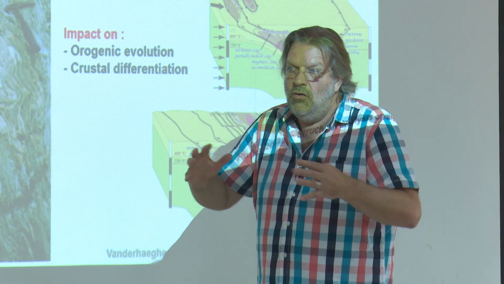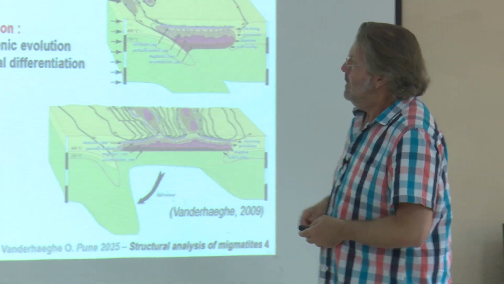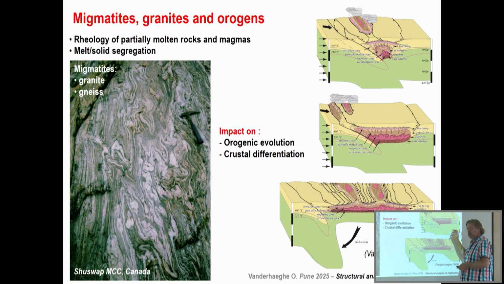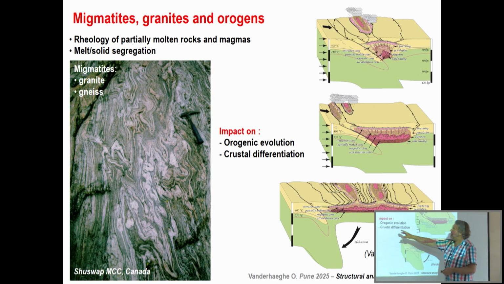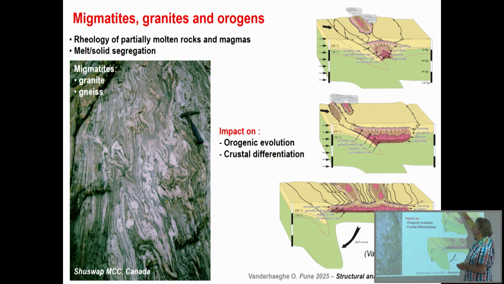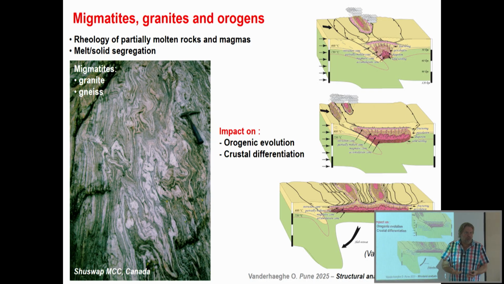It's not a closed system, it's a system that is very complex. And then what we'll do is jump scale, mostly, and look at the impact of partial melting recorded in the structures on orogenic evolution, and also on crustal differentiation, because this process of melt-solid segregation is the main process of crustal differentiation.